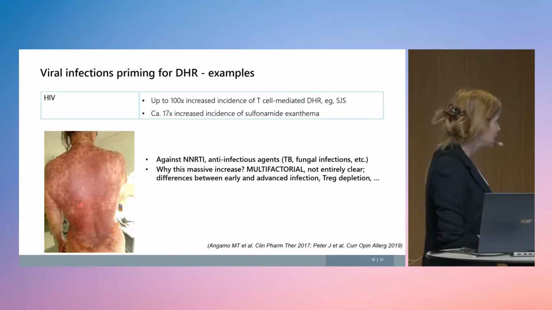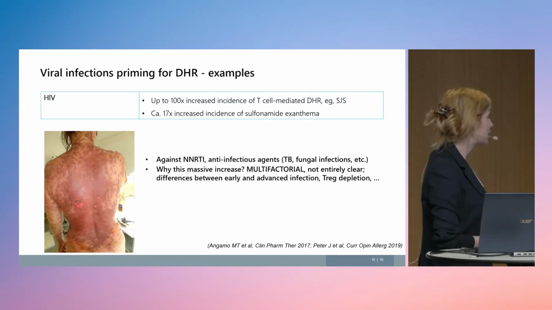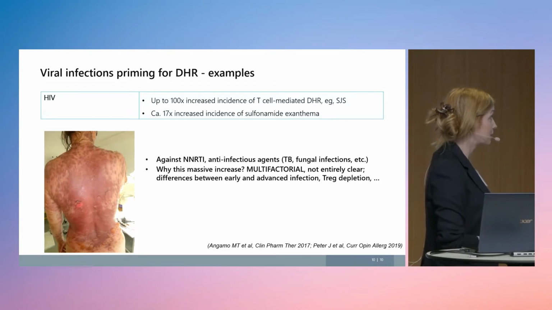And as a quite particular situation, HIV patients, where we know from studies which mostly have been performed actually in the 90s, that we see an up to 100 times increased incidence of T-cell mediated drug hypersensitivity reactions such as Stevens-Johnson syndrome, and then more specific reactions, for instance, sulfonamide exanthema.